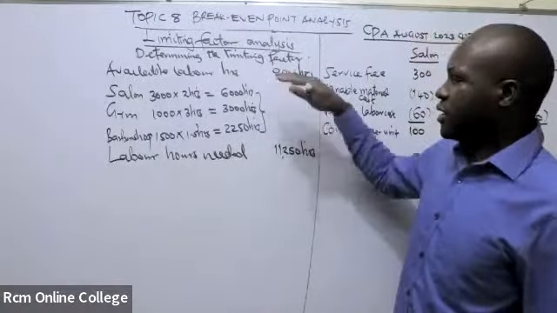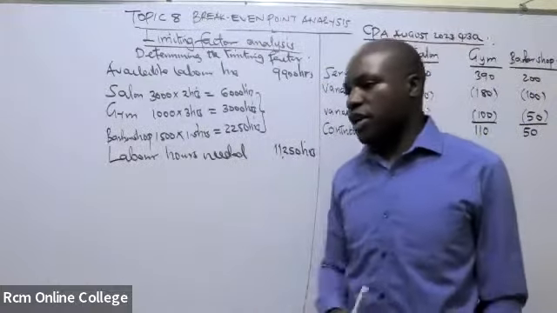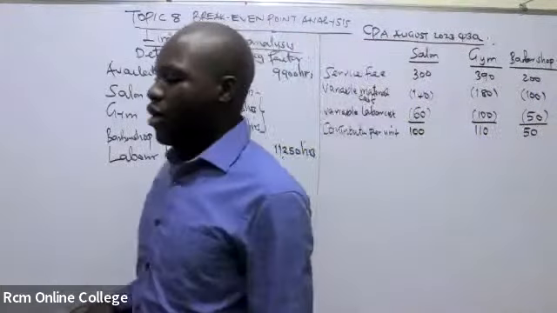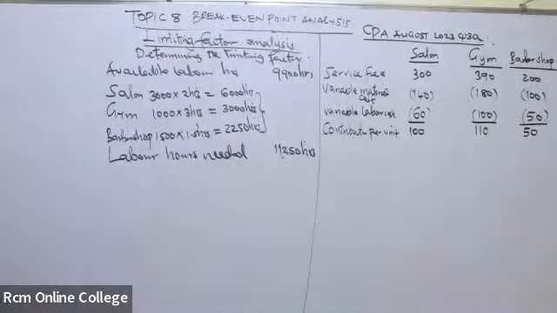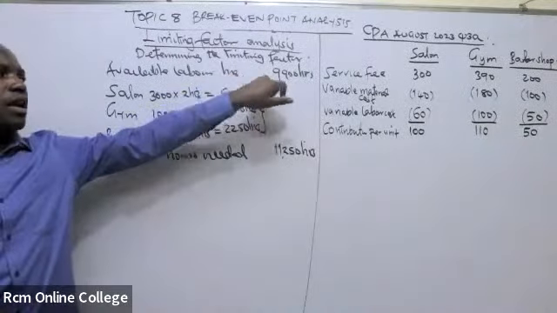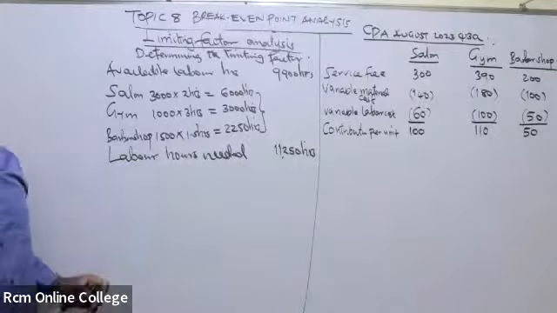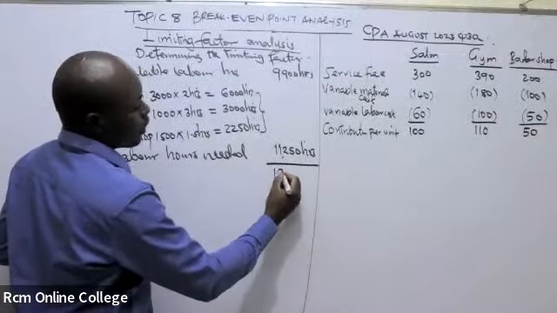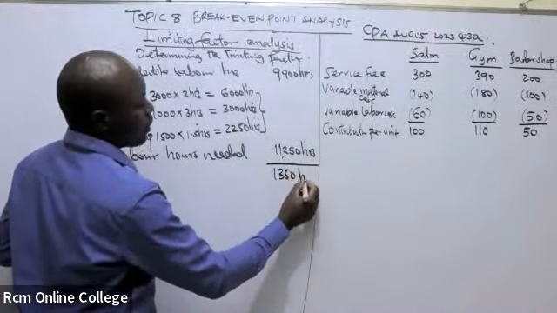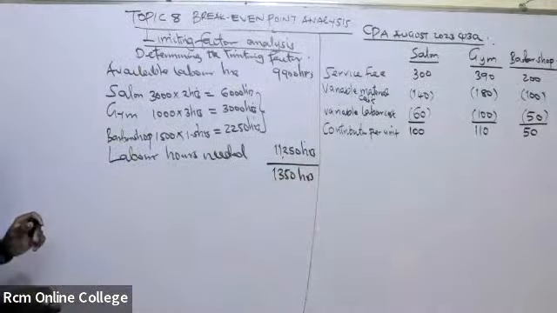So how much is the deficit between what is available and what is needed? How many labor hours does this company require to add to this one here to be able to fulfill the entire demand? So the company needs 1,350 hours to be able to fulfill that shortage.